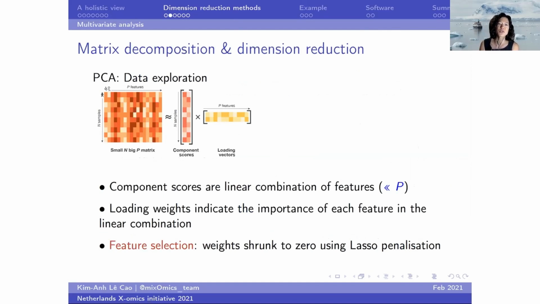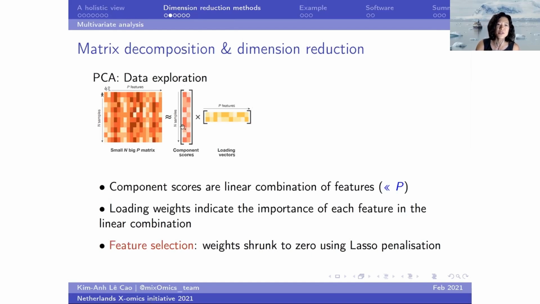So here what we're doing is we're trying to build those components, and each component here is a combination of the original variables that we have here. The way we combine those variables is we assign them a weight. The weight here is indicated in another vector called a loading vector. That loading vector really tells us how important each of these variables are to build the component.